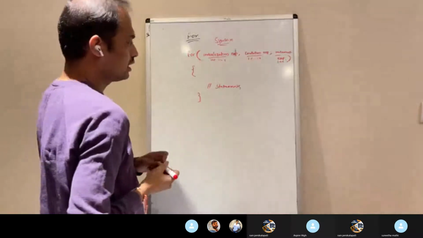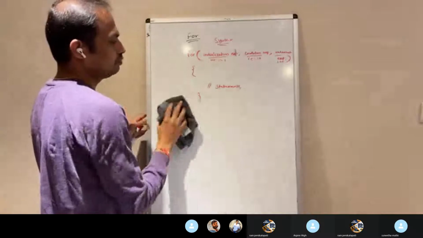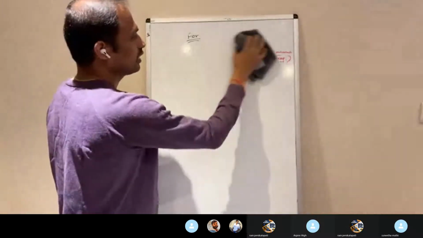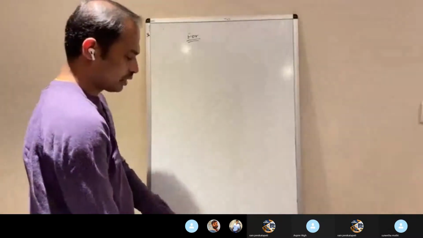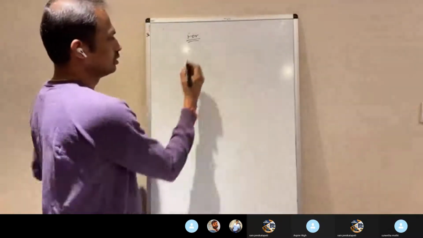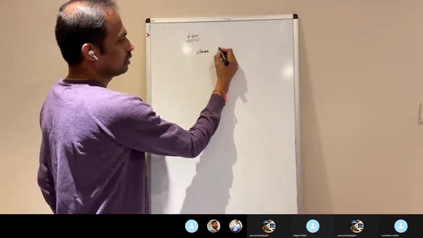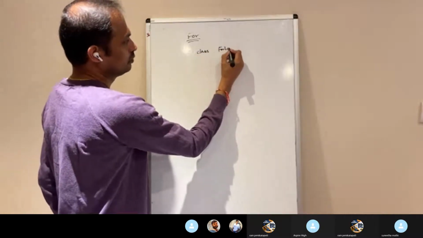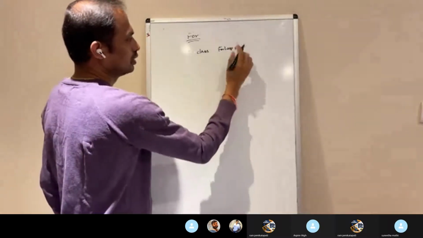If I want to print 10 numbers at a time, so 1, 2, 3, 4, 5, 6, 7, 8. So let's write a program. Class for loop.